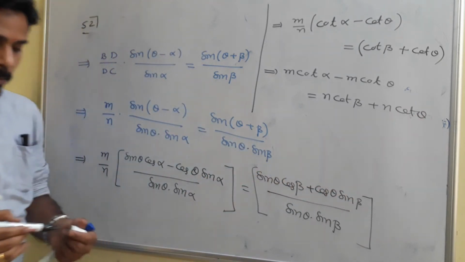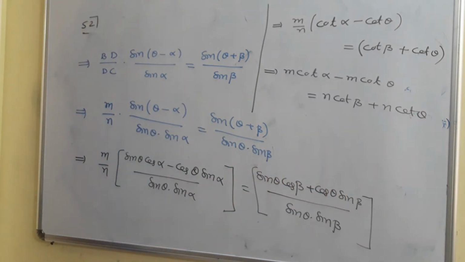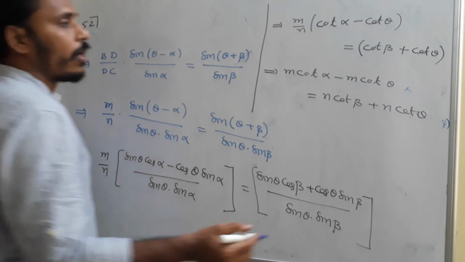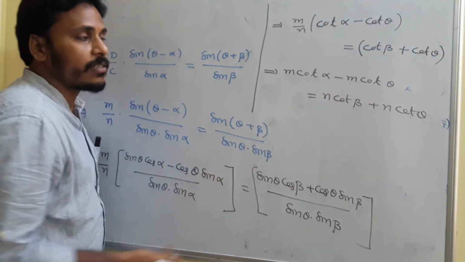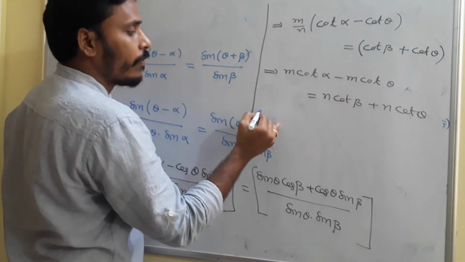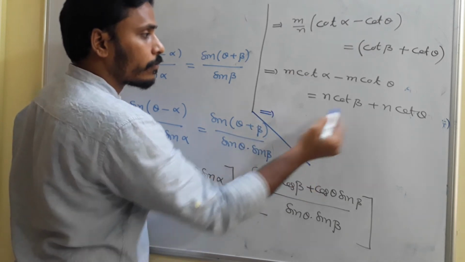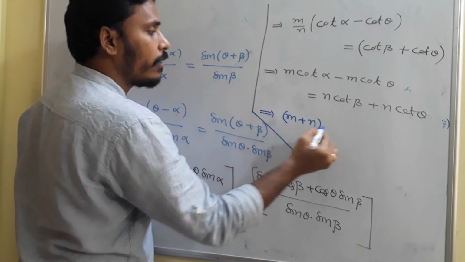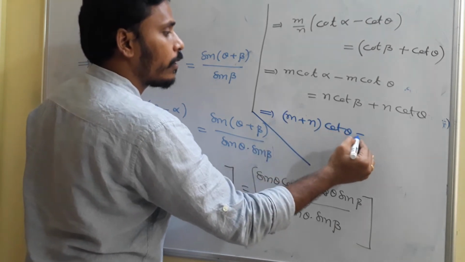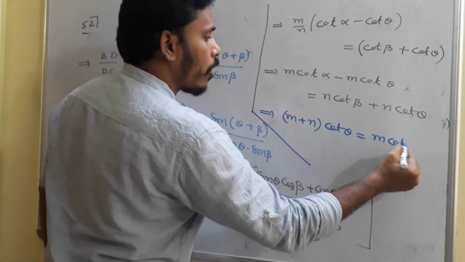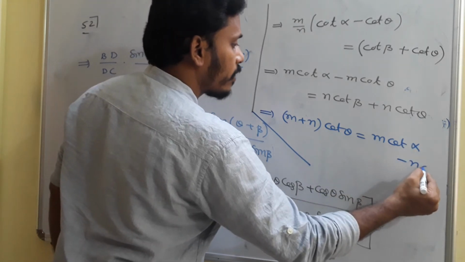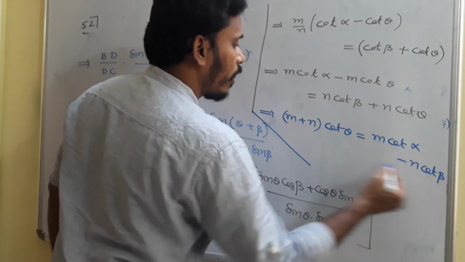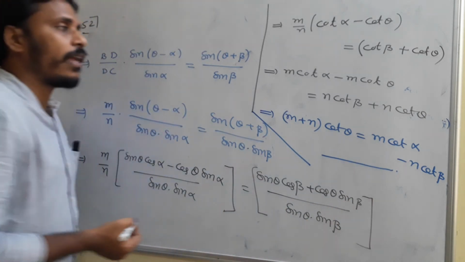You just collect M and N on one side and alpha beta on the other side. Okay, send this minus M cot theta to the right side, M cot beta to the left side. At the end you have, so M plus N cot theta is equal to M cot alpha minus N cot beta, and at the end this is the Mn theorem.